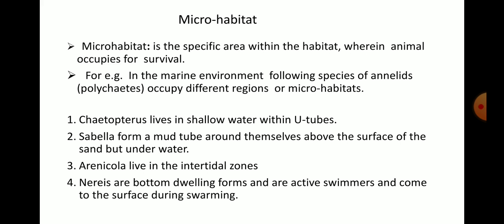You can also say it's a smaller area where a single species lives. For example, in the marine environment, the following species of annelids, that is the polychaete worms, occupy different regions or different microhabitats.